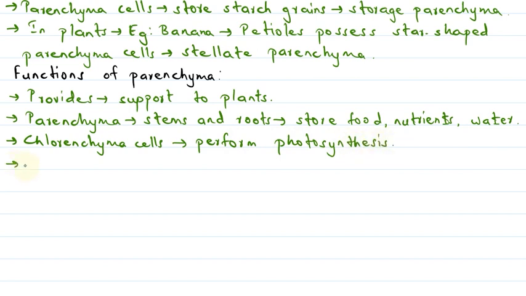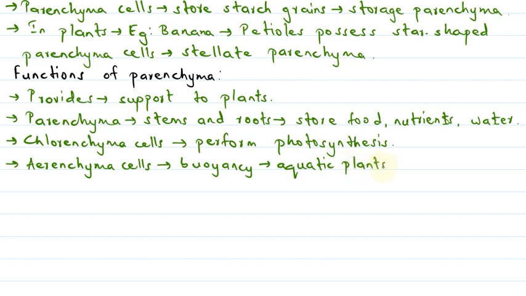Then the aerenchyma cells have large intercellular spaces called air spaces that we had discussed, and thus they give buoyancy to the aquatic plants so that they can float easily on the surface of water.